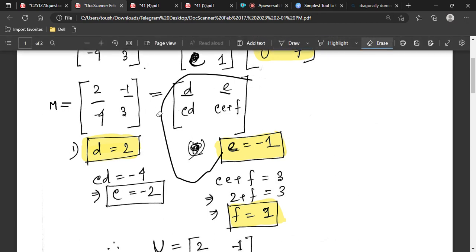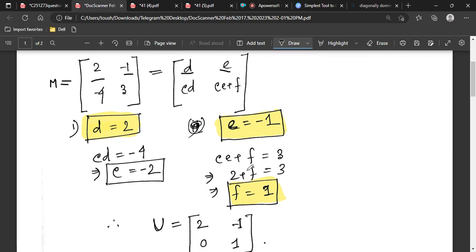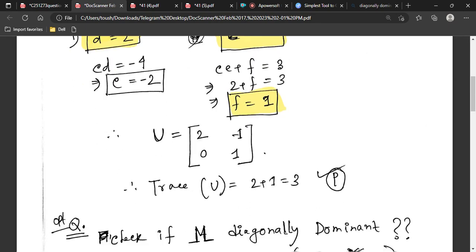So d is equal to 2 and e is equal to minus 1, and cd is equal to minus 4, c is equal to minus 2 because d is equal to 2. And from here, 2 plus f equal to 3, so you will get f equal to 1, and you get your matrix U.